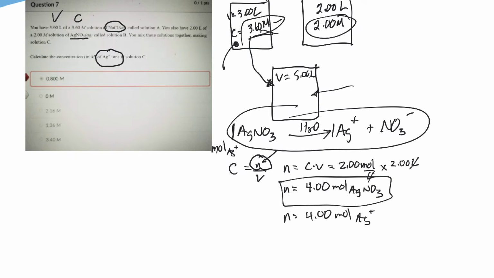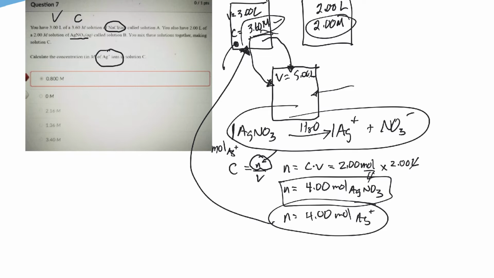Now, the question says, what's the concentration of those silver ions? Well, when I dump that into there, it doesn't change how much silver I have. It will change its concentration, but all of the silver's still in there. It's just mixed together with a bunch of other things and a different volume.